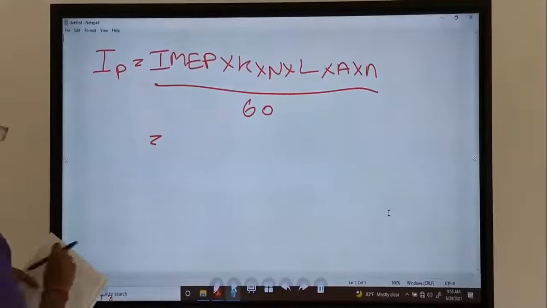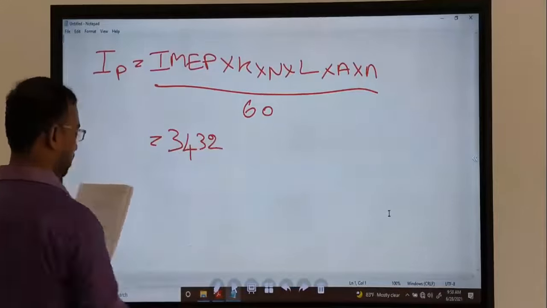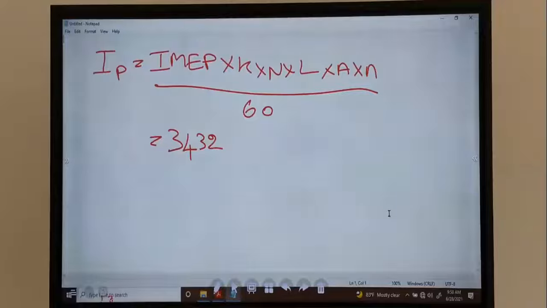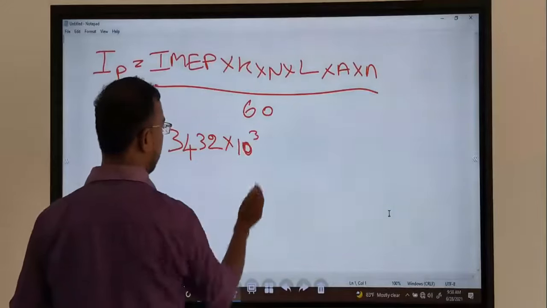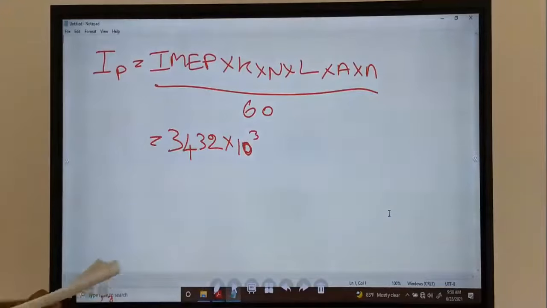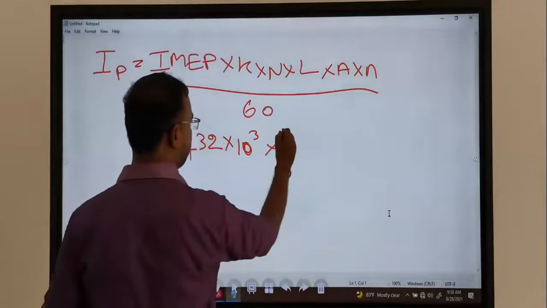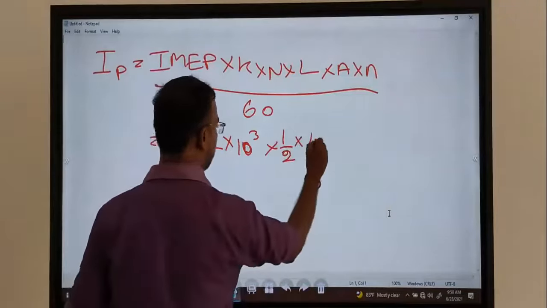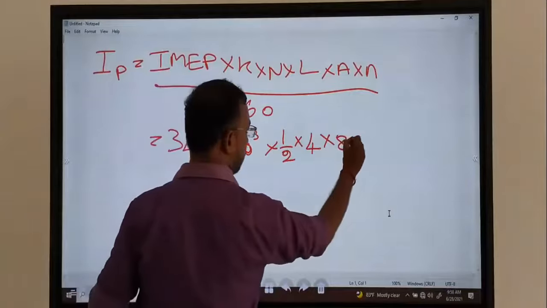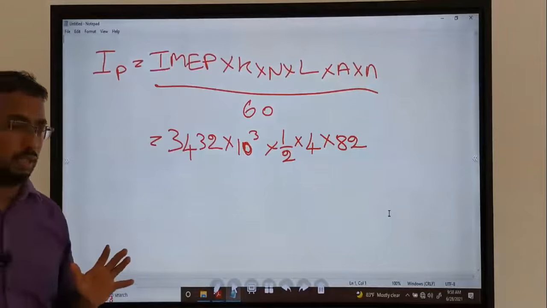So here 3432 is in kilopascal, so we use 10 cube for the kilo. Now it is in Pascal. Here half, N is 4, L is 82.